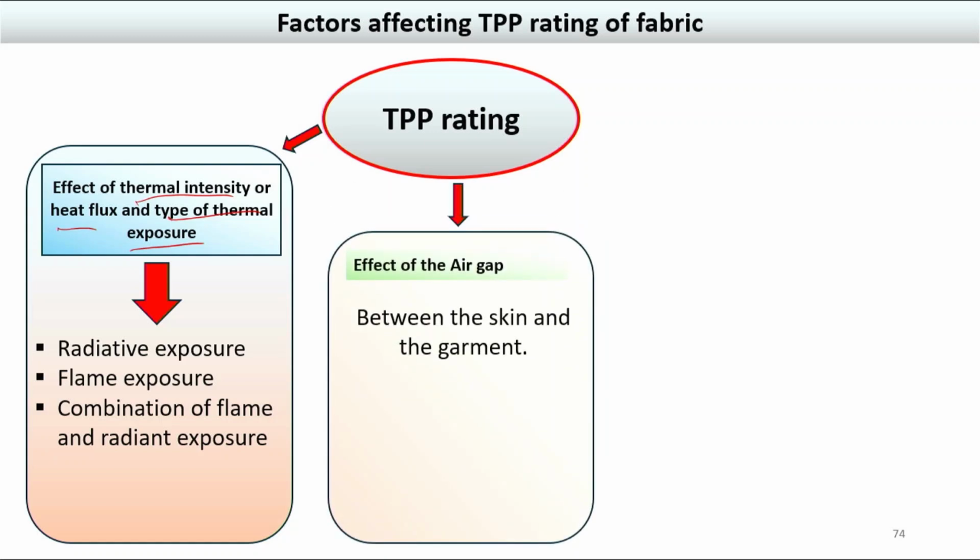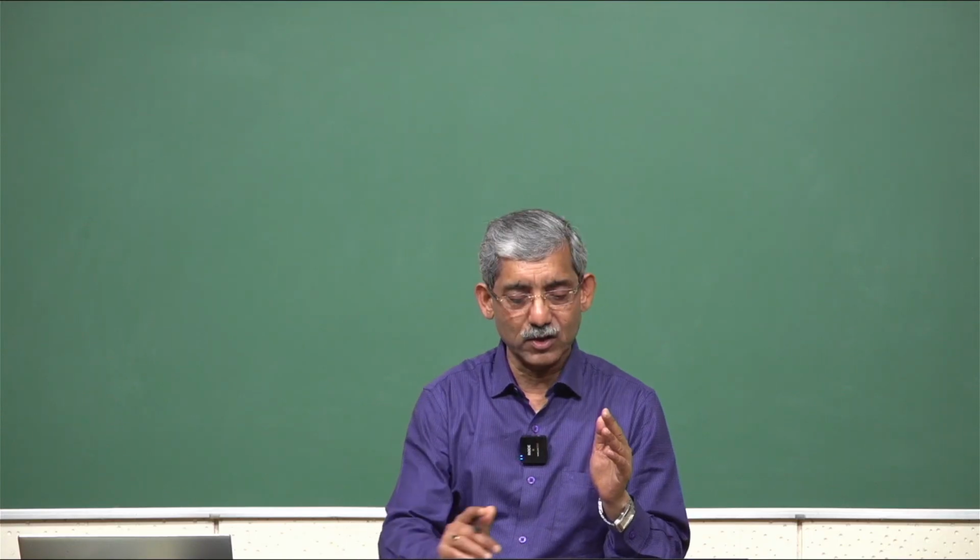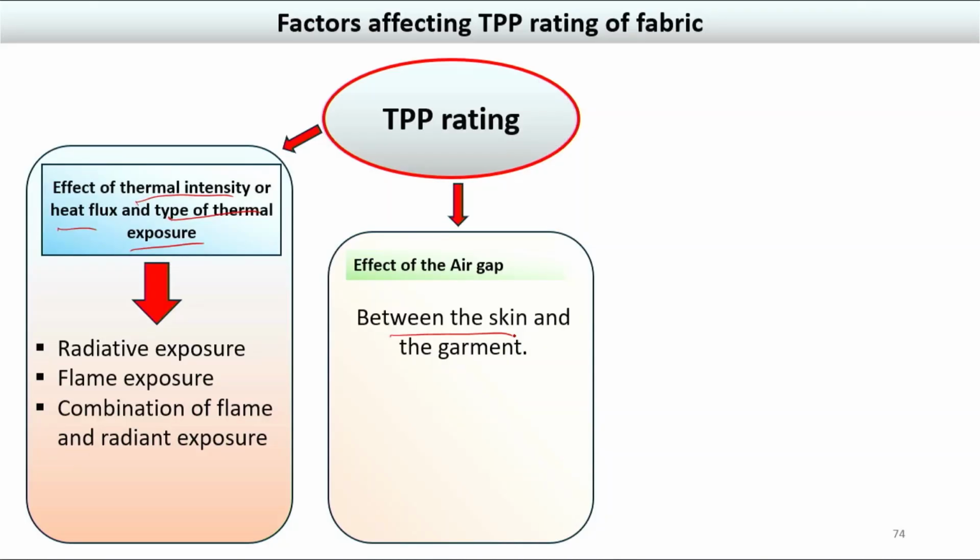And what type of air gap has to be maintained. So, the air gap matters: whether the sensor will touch the fabric or there will be a certain air gap. The sensor is nothing but something that simulates our skin. So, if there is any gap, a microclimate, then in that case the TPP rating will change.